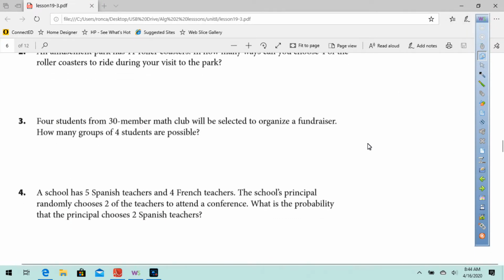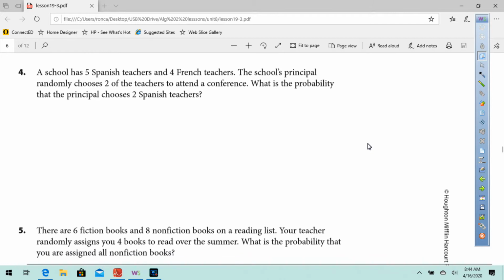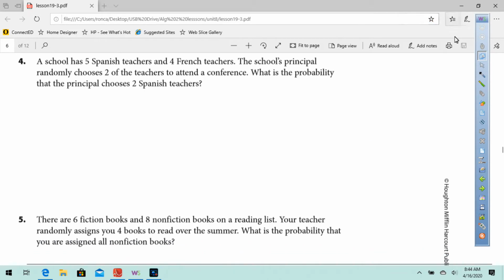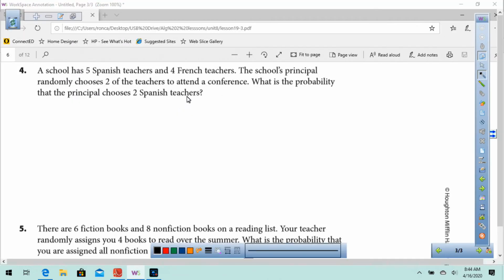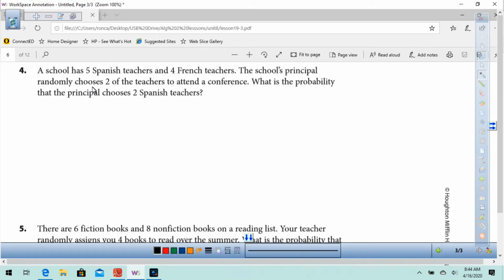Number 4, a school has 5 Spanish teachers and 4 French teachers. The school principal randomly chooses 2 of the teachers to attend the conference. All right, notice this says, what is the probability? So we have to find first the number of ways this would be successful.